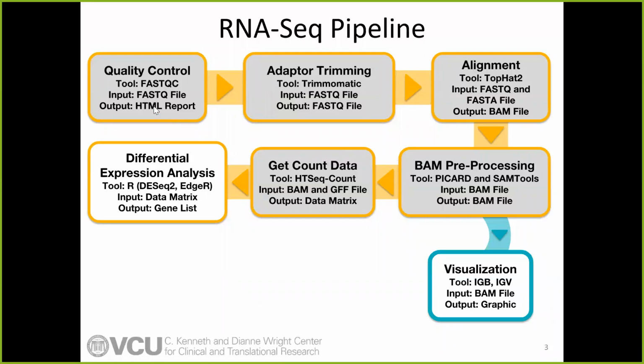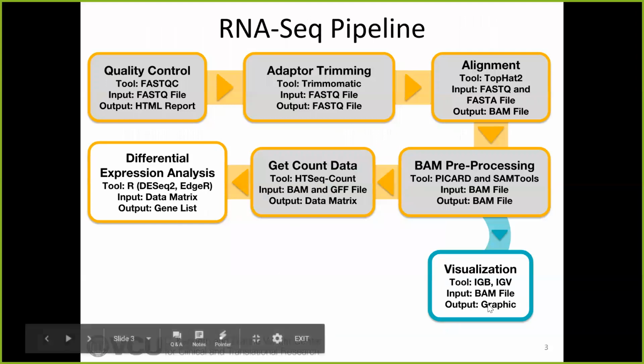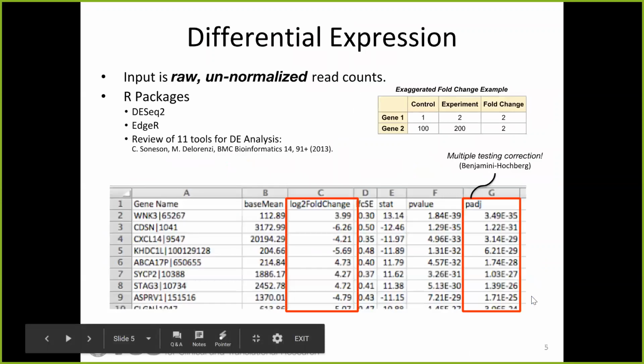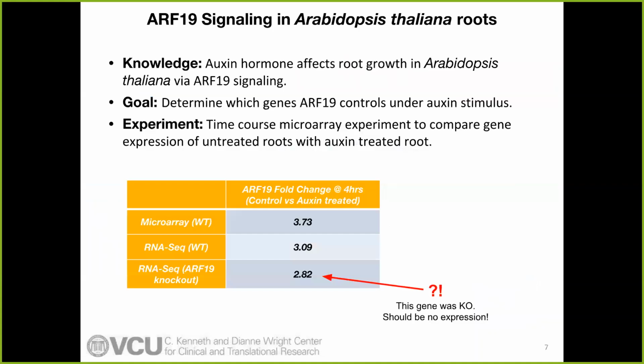So for this pipeline, we essentially did all the quality control, the BAM preprocessing, the count data, and a differential expression analysis, which we just went through, so I'm not going to go through it again. But what we found was some oddities in the expression values for ARF19. So we used visualization of the BAM file of the actual aligned reads to figure out what was going on. We already talked about these slides, so I will skip them.